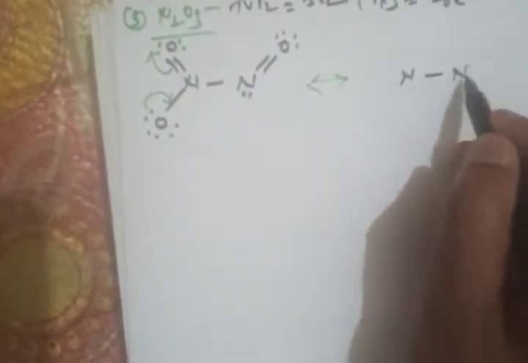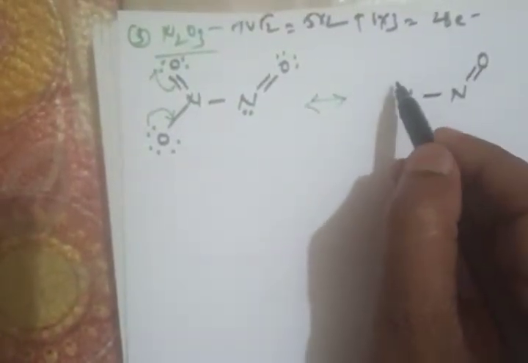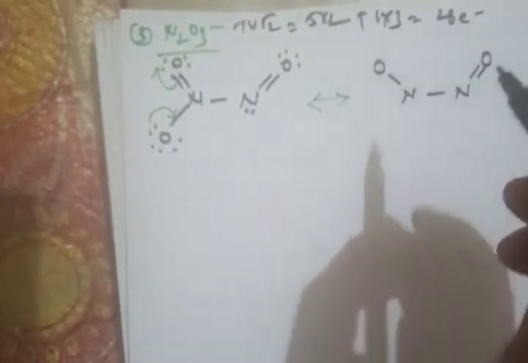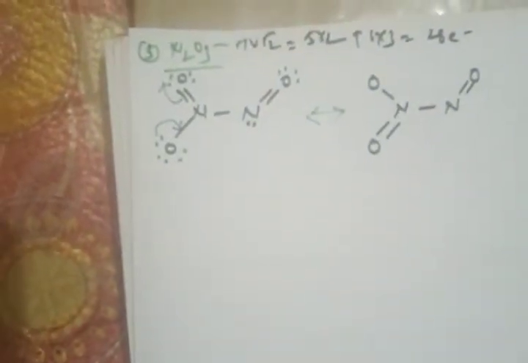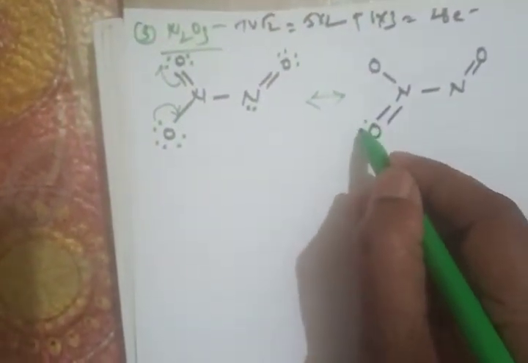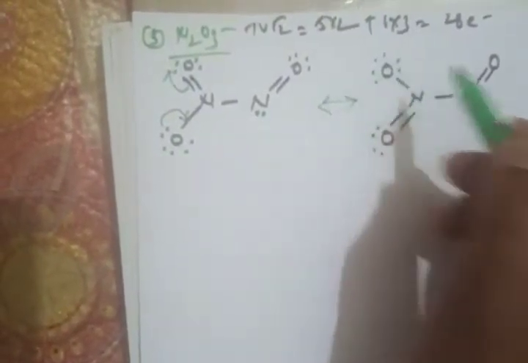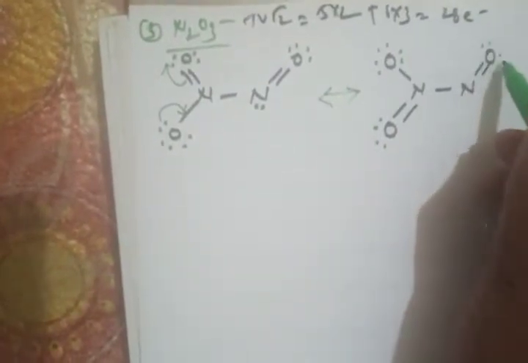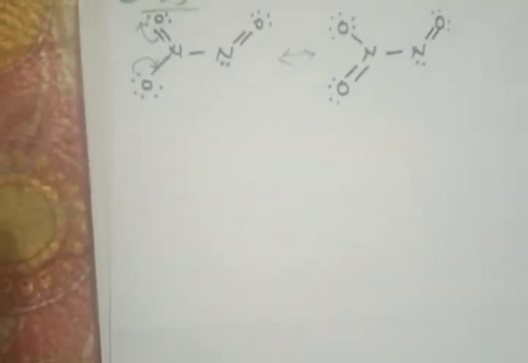So nitrogen and nitrogen, then oxygen, and then we have a single bond oxygen, then we have a double bond oxygen. So only 2 lone pairs, here we require 3, in this case 2, so all the octets are complete, no? In this case this oxygen also can be changed.